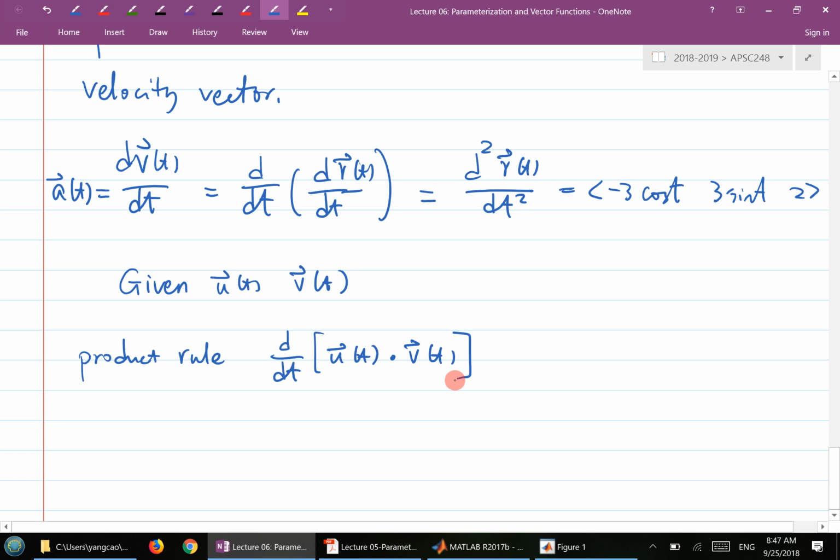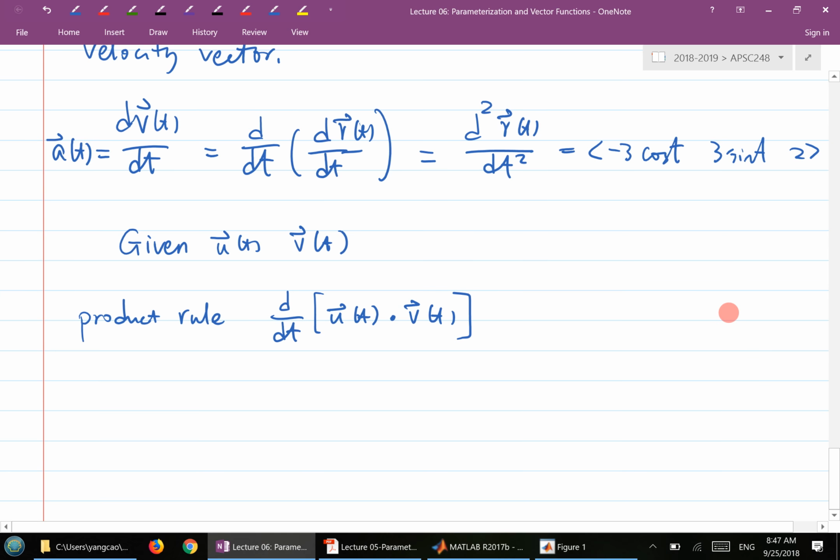Multiplication for vectors means either dot product or cross product. So you cannot have simple multiplication of vector functions.